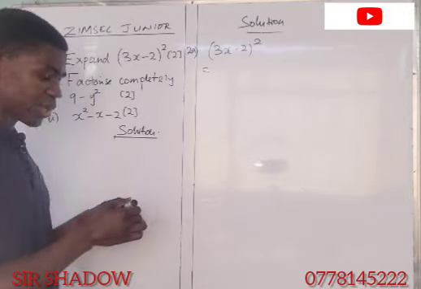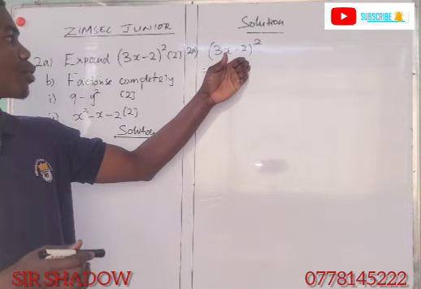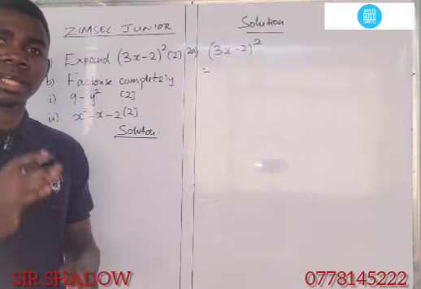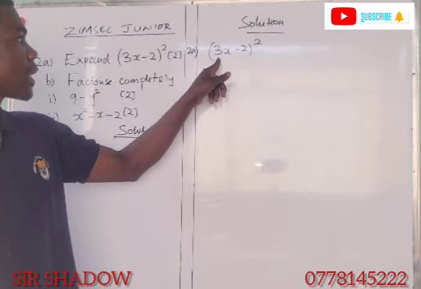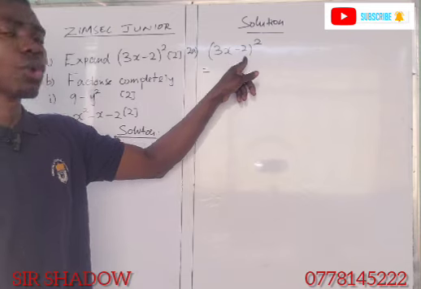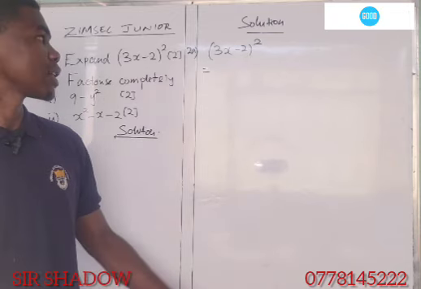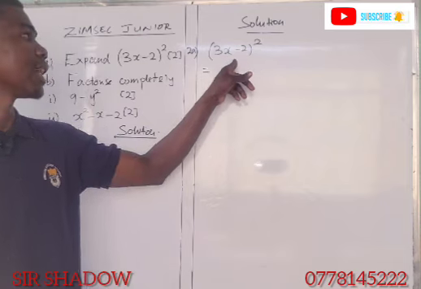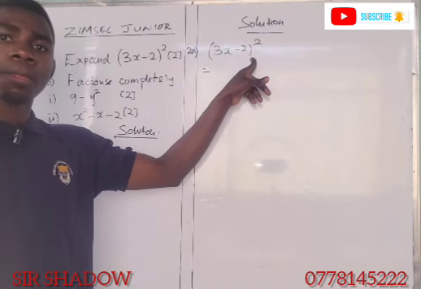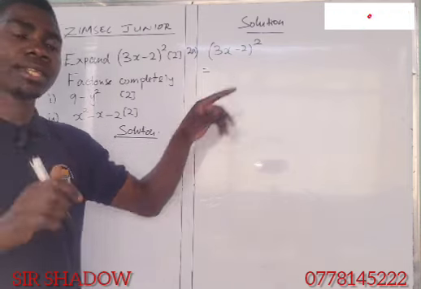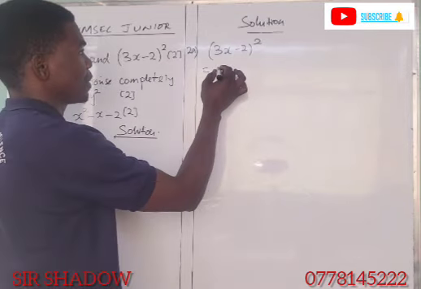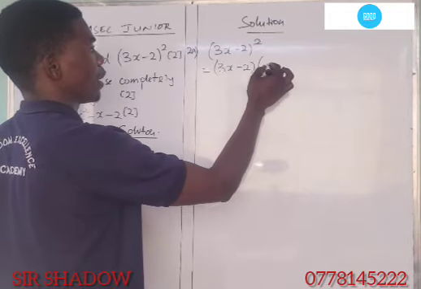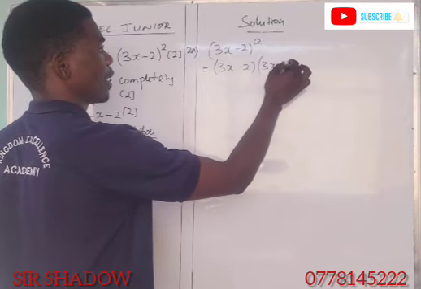So we want to see how to expand 3x minus 2 whole squared. For us to expand it, remember 3x minus 2 was repeated twice. That's why 3x minus 2 was given a power of 2, meaning that 3x minus 2 was repeated twice, so we are saying 3x minus 2 and 3x minus 2.